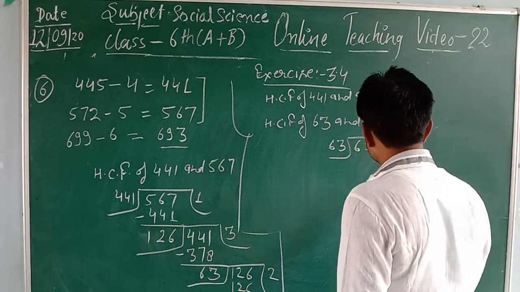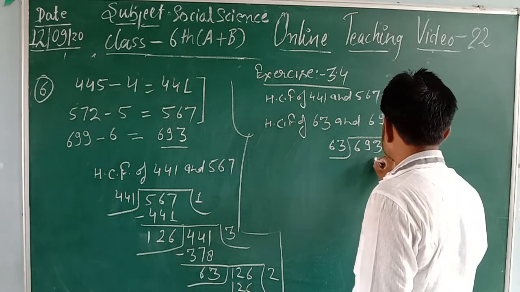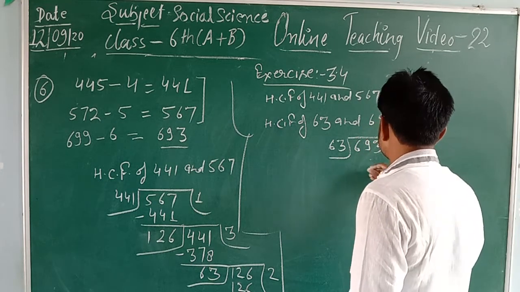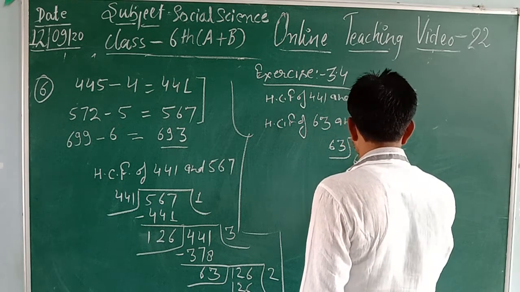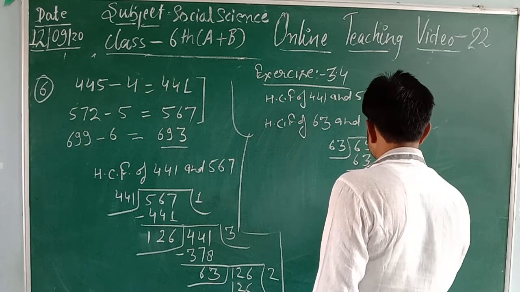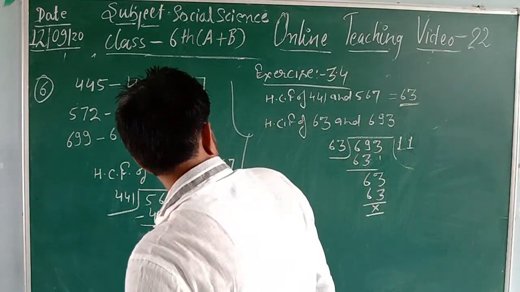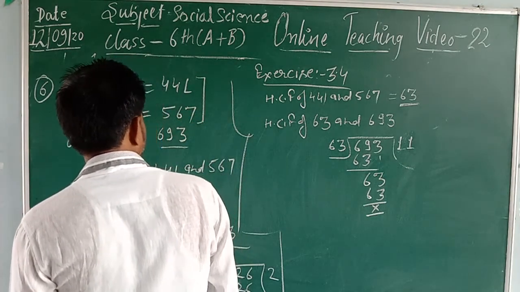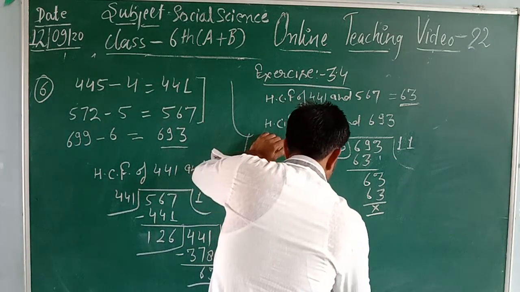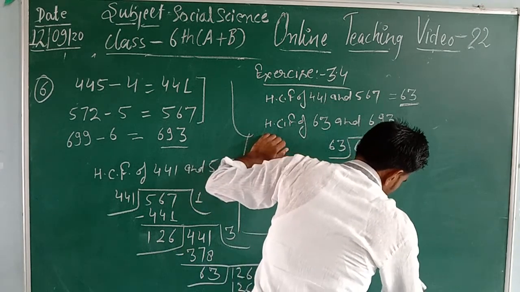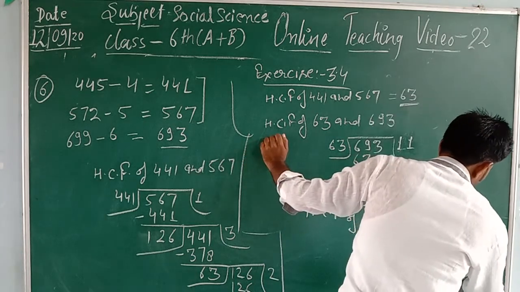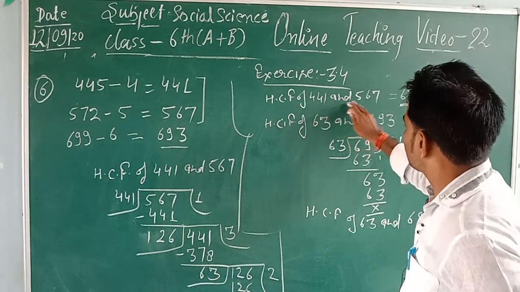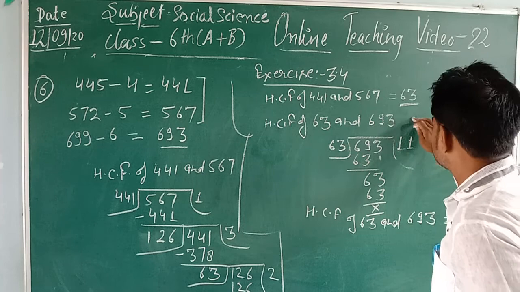So the HCF of 63 and 693 is 63. The HCF of 441 and 567 is 63, and the HCF of 63 and 693 is also 63.